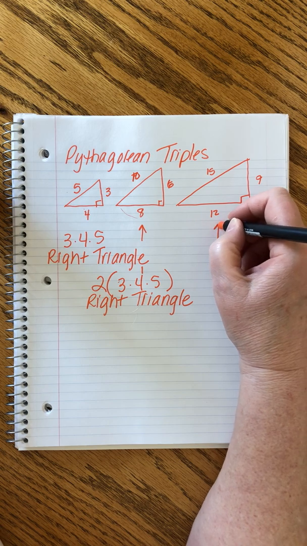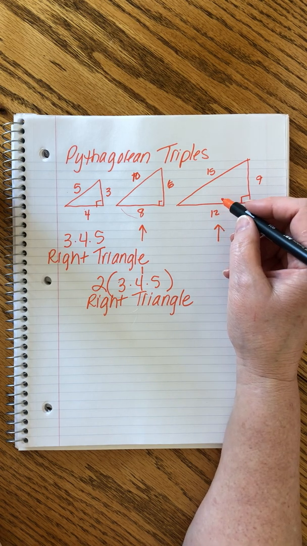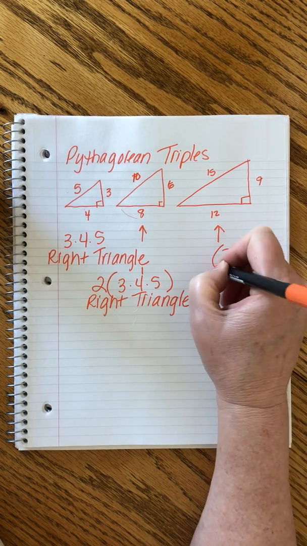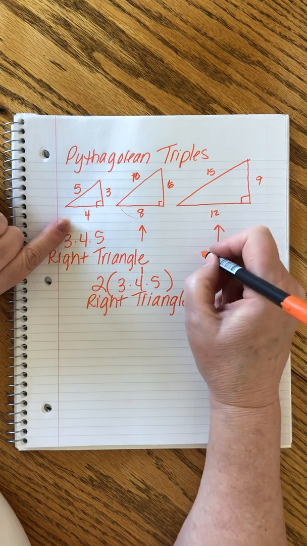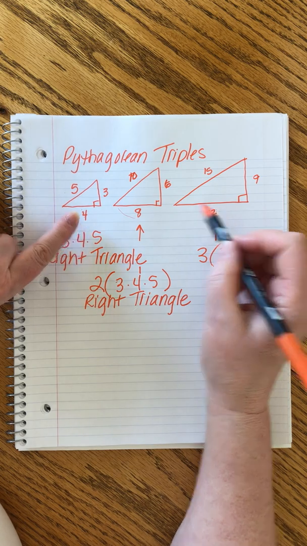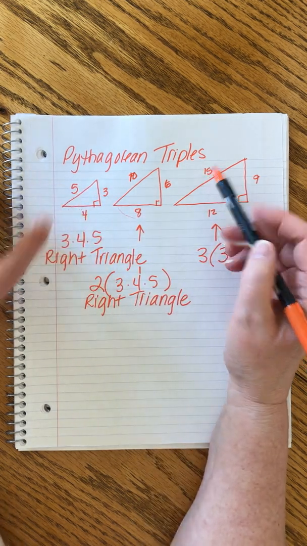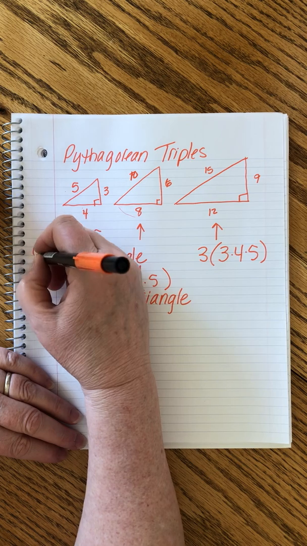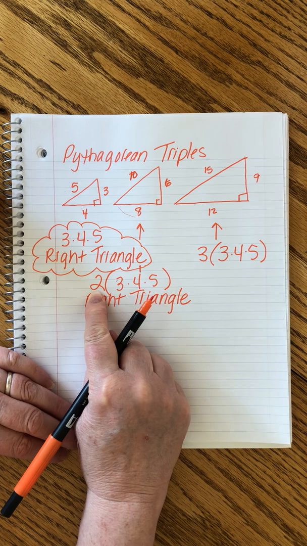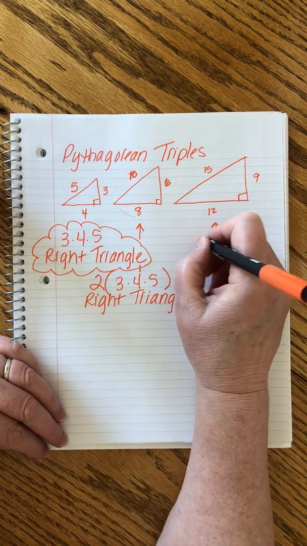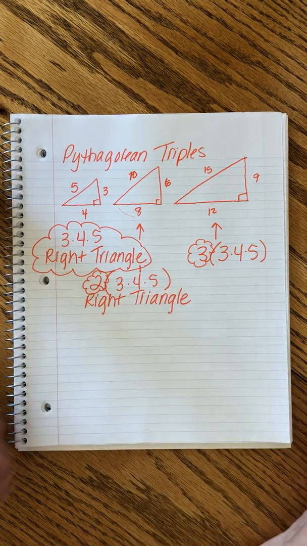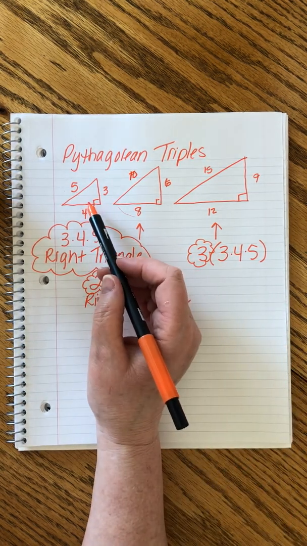This one is the same way, where I've taken my 3, 4, 5 triangle and multiplied each of the sides by 3. 3 times 3 is 9, 4 times 3 is 12, 5 times 3 is 15. So I've taken the same basic triangle and multiplied up by 2 and then by 3 to get bigger triangles that are exactly proportional to my original 3, 4, 5 triangle.